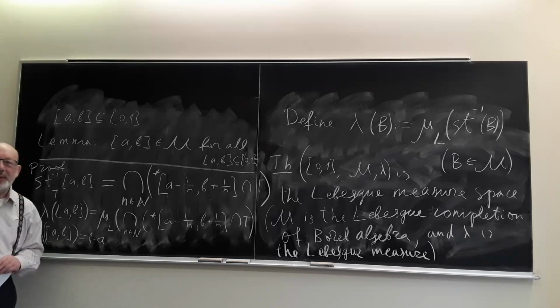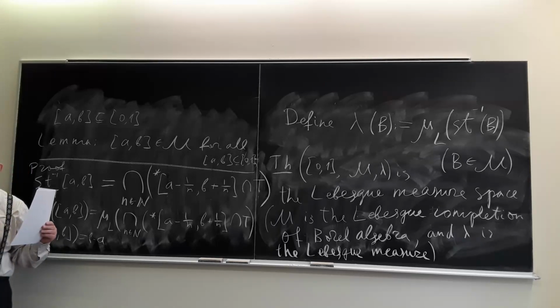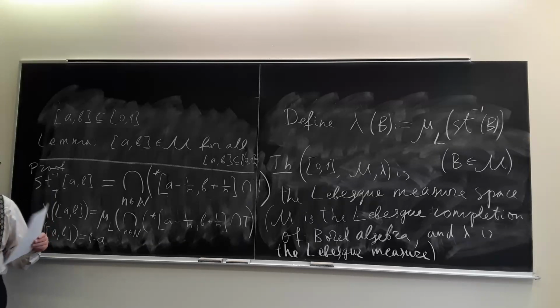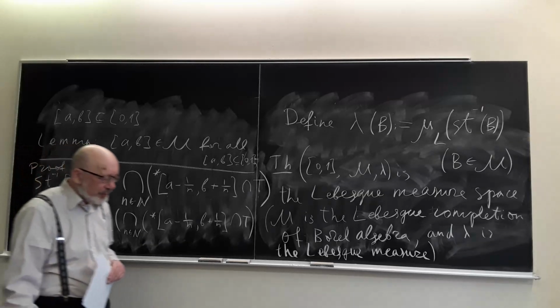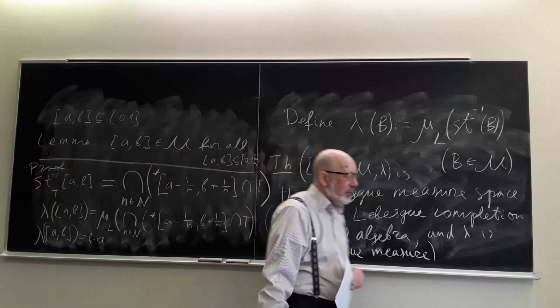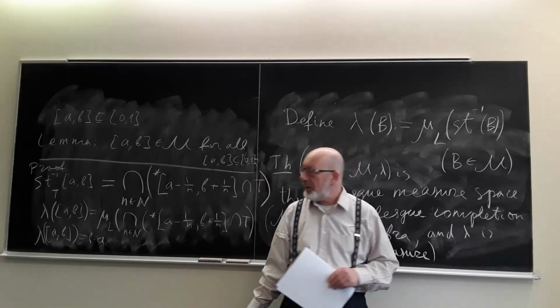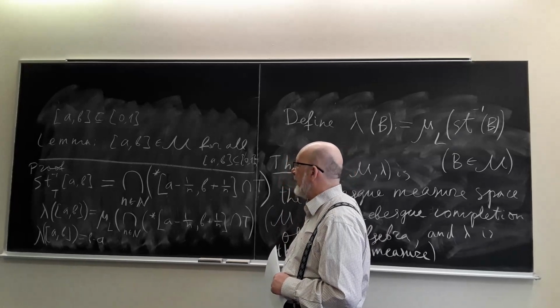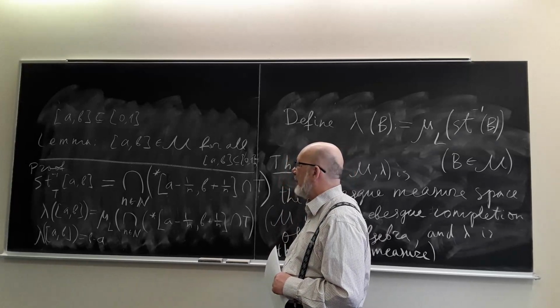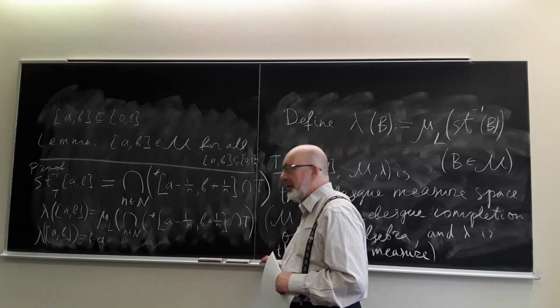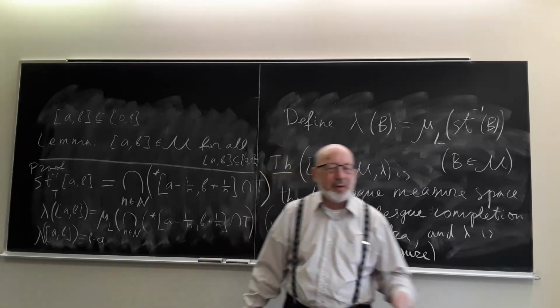So that's it. We have to start from something basic. Our basic sets are segments, and now we can consider their countable unions, intersections, and so on. We get the Borel algebra, then add the null sets, and that's it.